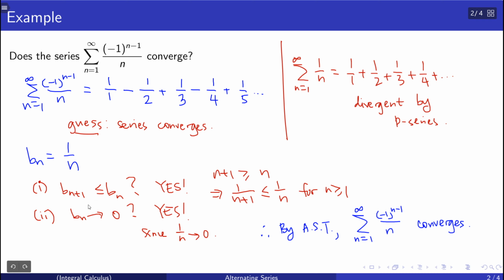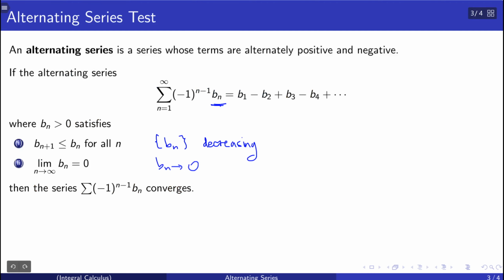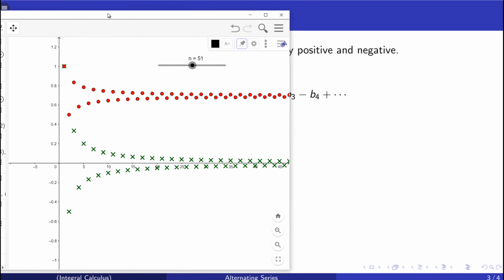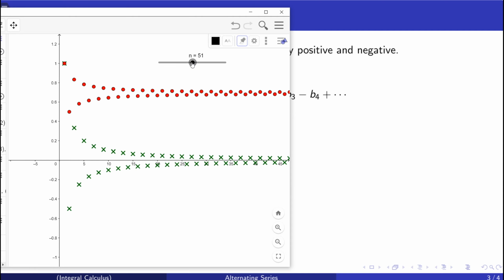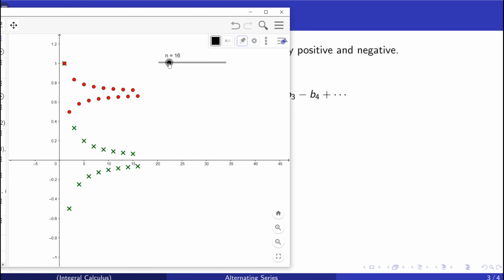Now, really the idea behind the alternating series test is the following. Again, two conditions: b_n decreasing, and b_n approaches 0. If you look at our graph here again, this sequence of partial sums up here, these red circles, if b_n approaches 0, well, that's what we need, first of all, for the test for divergence.